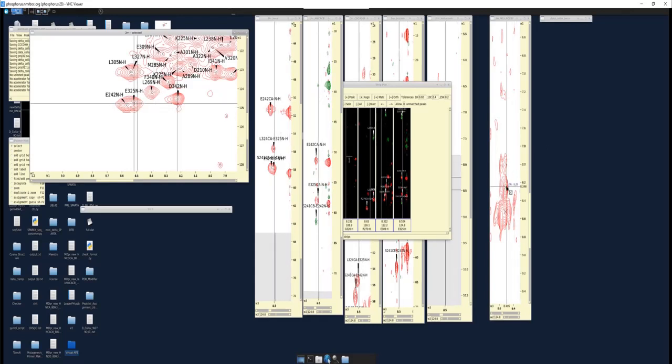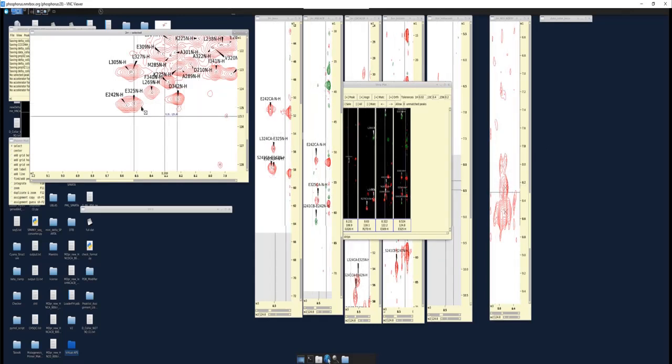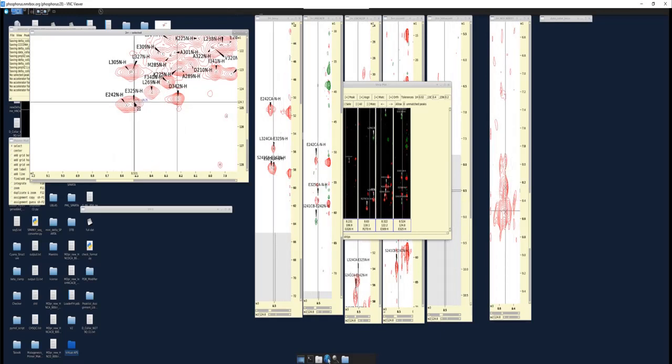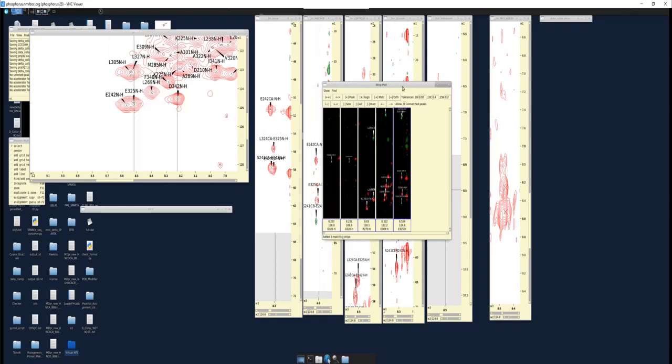Again, these matches aren't always perfect. There's some wiggle room to play around here, but this is the general idea. And so you can use your NOESYs to narrow down your potential matches. Now there is a hierarchy when you look at this. Your triple resonance experiments are always going to be priority because the NOESY can be through space.